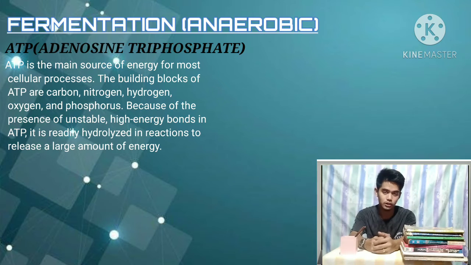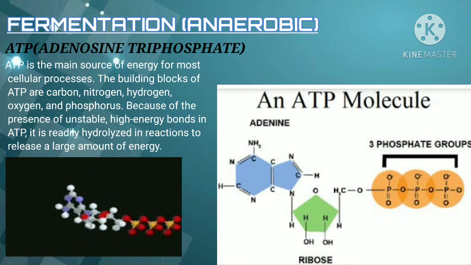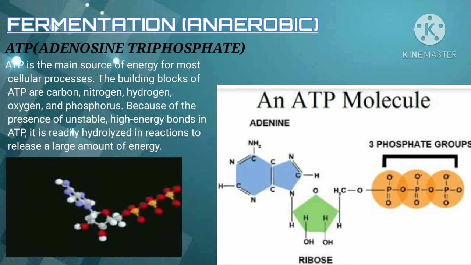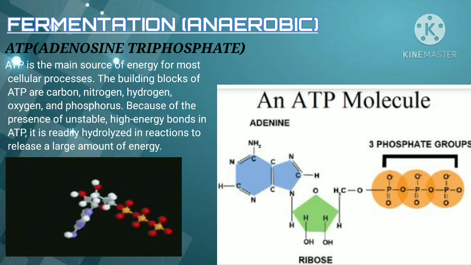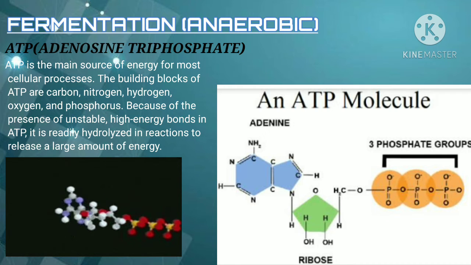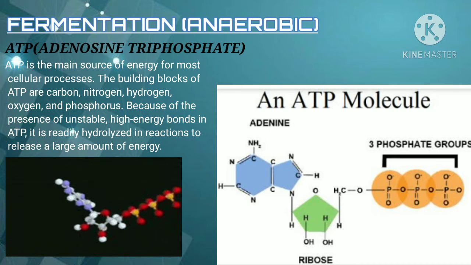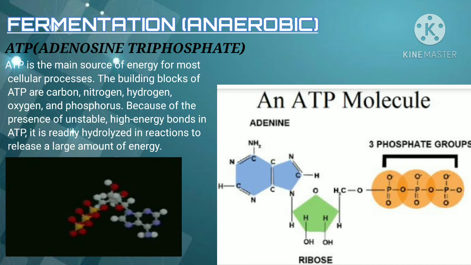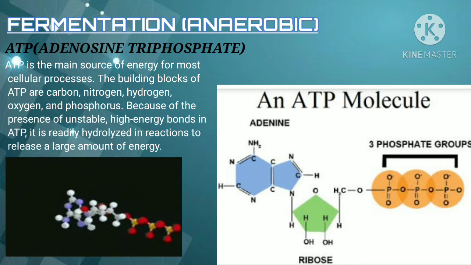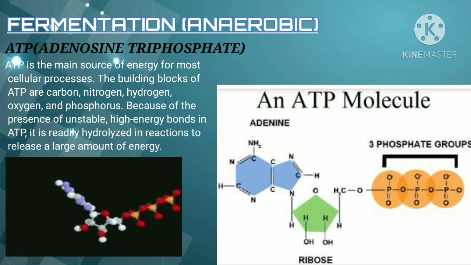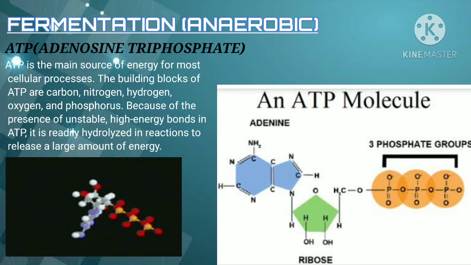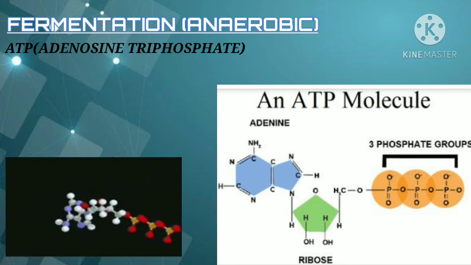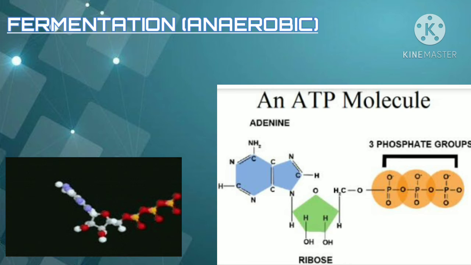So, what exactly is ATP? ATP is the main source of energy for most cellular processes. The building blocks of ATP are carbon, nitrogen, hydrogen, oxygen, and phosphorus. Because of the presence of unstable, high energy bonds in ATP, it is readily hydrolyzed in reactions to release a large amount of energy.